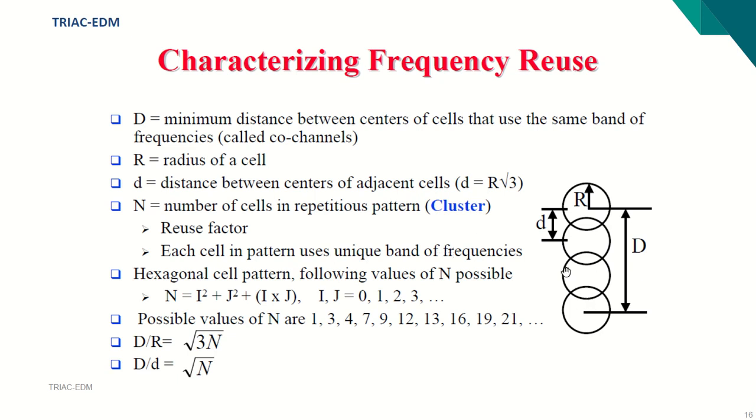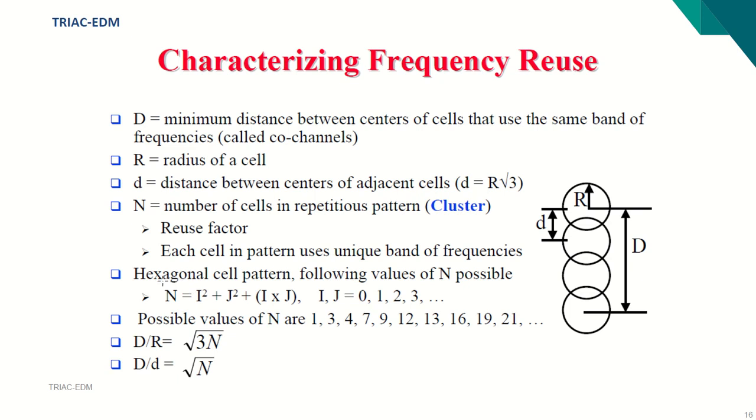So if we need to illustrate this, this is R, this is small d, the distance between centers of adjacent cells, and capital D is the distance between centers of co-channel cells.